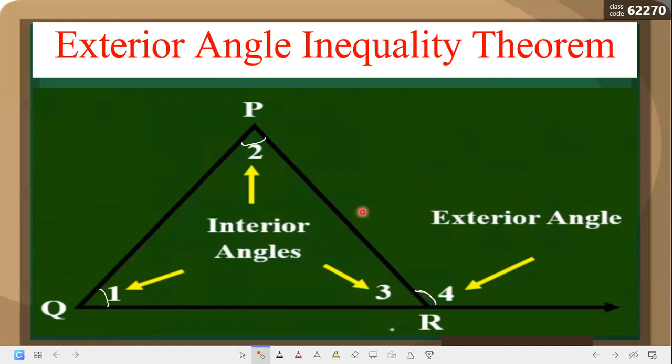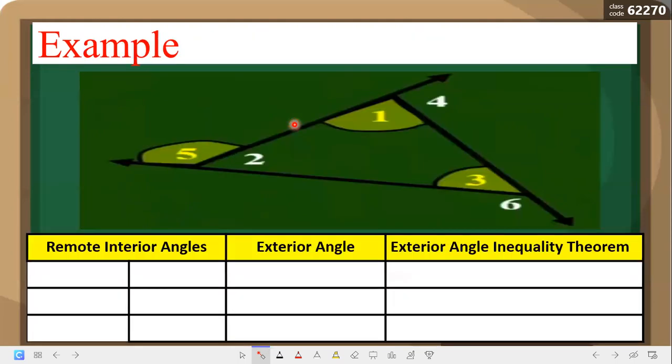Meaning, to consider it a remote interior angle, it must not be beside the exterior angle. Therefore, the two remote interior angles are angle 1 and angle 2.